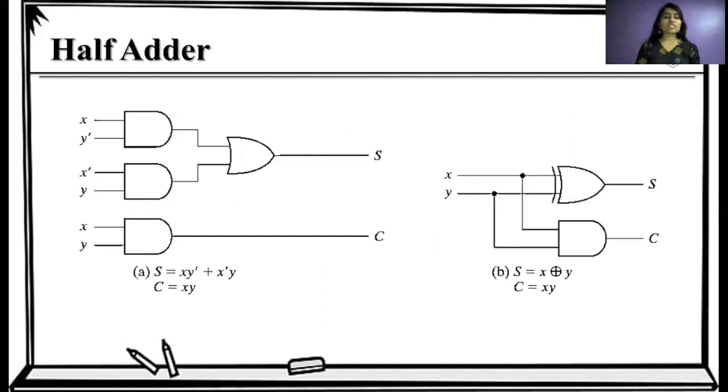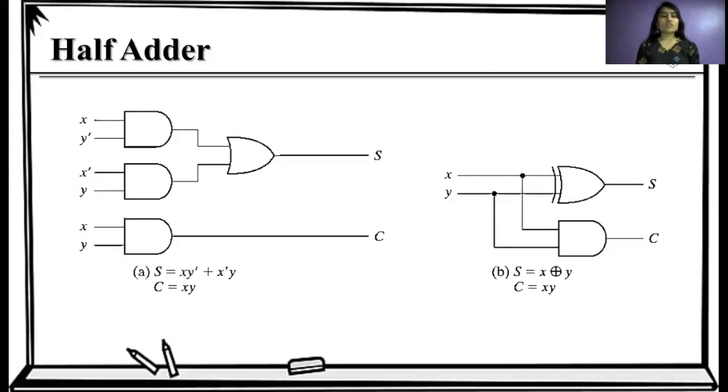Here the first diagram shows x y dash AND, x dash y AND, and these both terms are ORed for sum, and next for x y we have an AND, and using this AND operation we have the term carry.